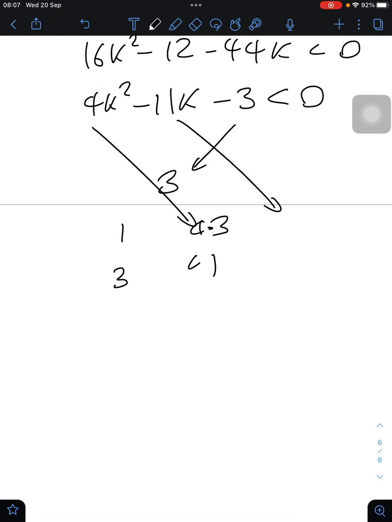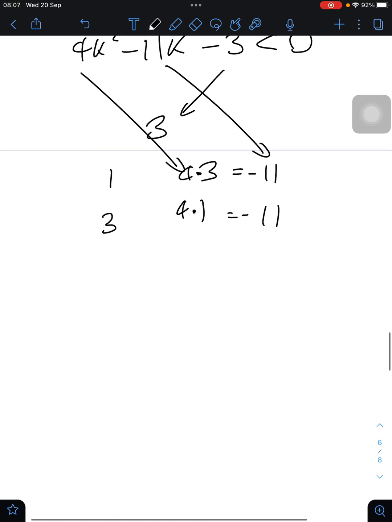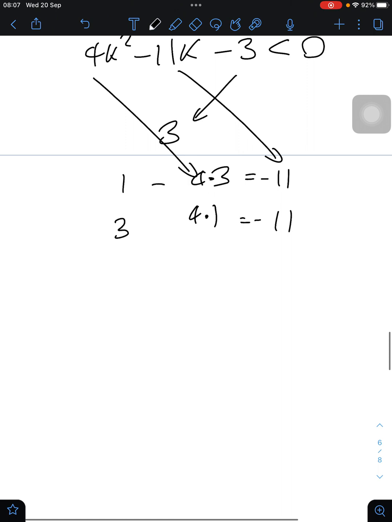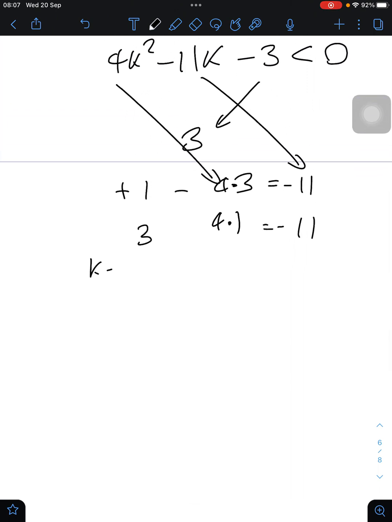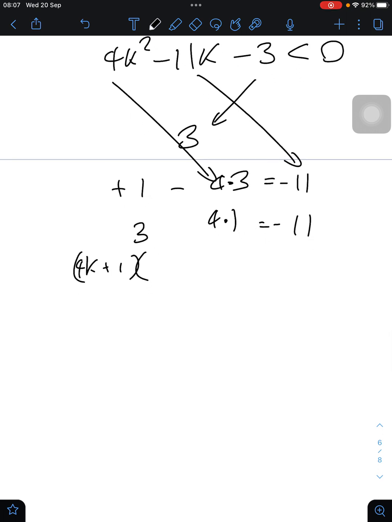So we multiply this one by 4, and this one by 4, and we take down our minus 11. And then look at these and think about what signs we need to get to minus 11. So this gets us to minus 11, minus and plus. That means that we've got k plus 1 and 4k plus 1, and we have k minus 3.